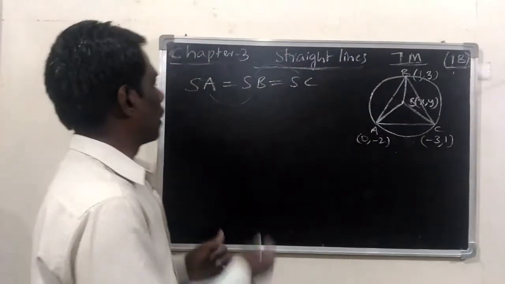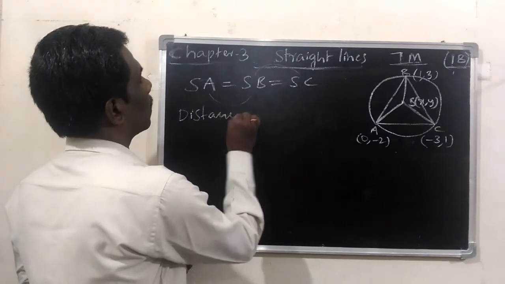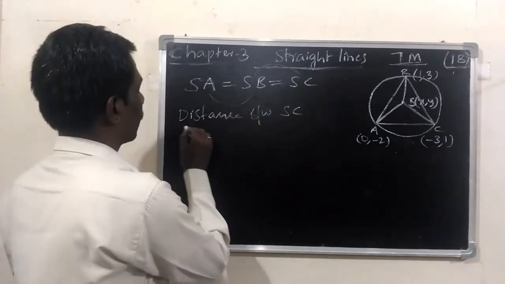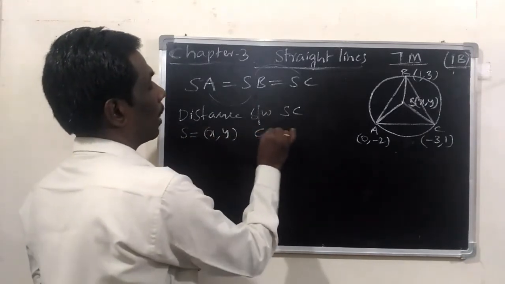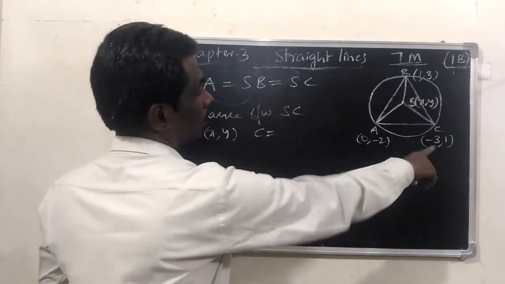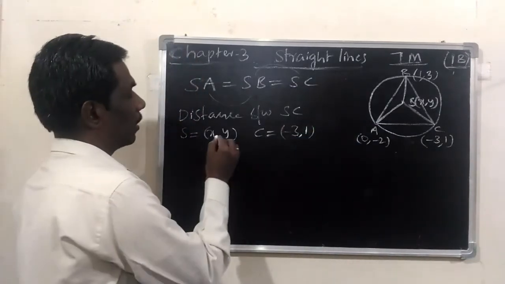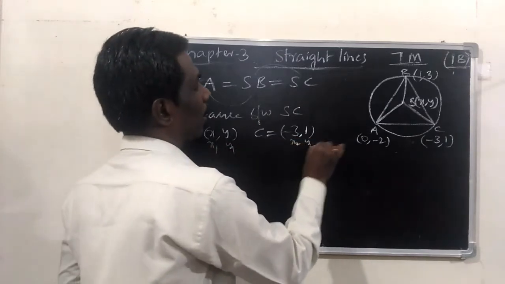Now I am finding the distance between S and C, where S is x comma y and C is minus 3 comma 1. Take this as x1 y1 and that as x2 y2.